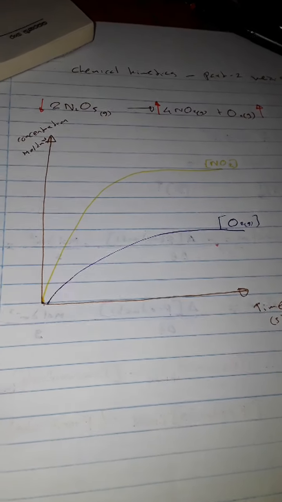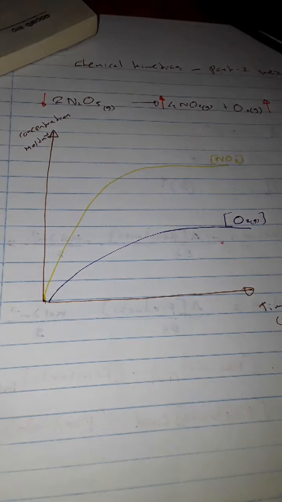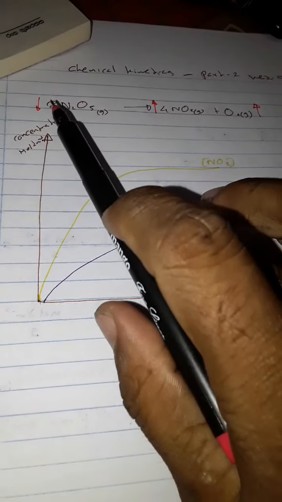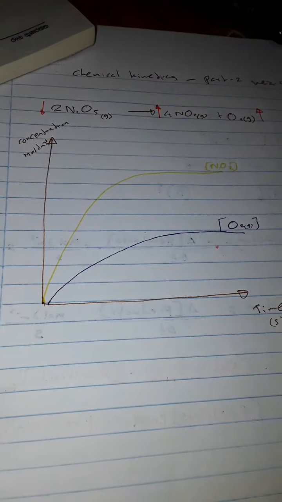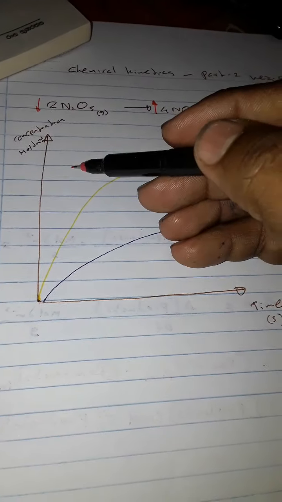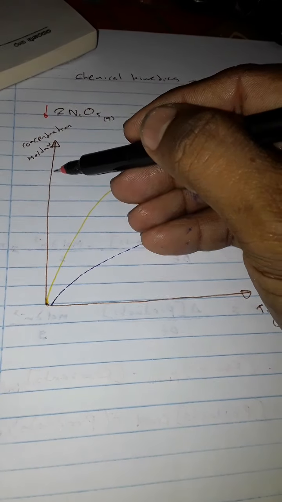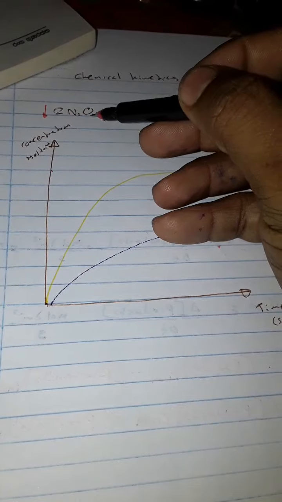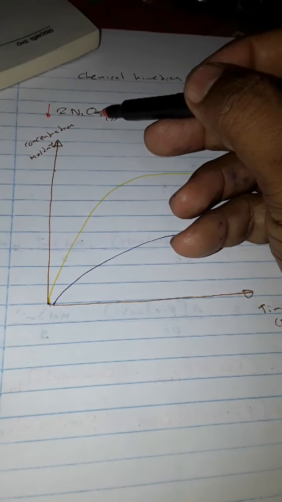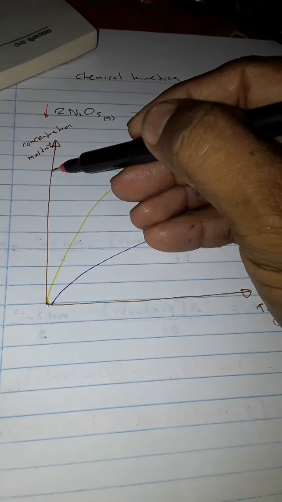And then how the concentration of dinitrogen pentaoxide changes with time. It changes like this. Dinitrogen pentaoxide concentration is very high at the beginning because only that is there at the beginning.